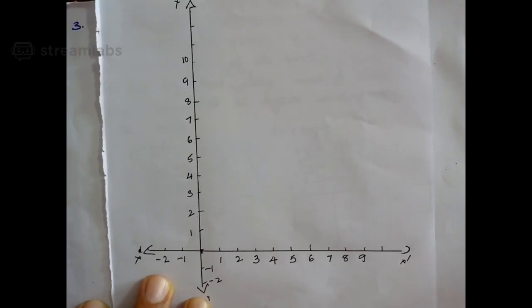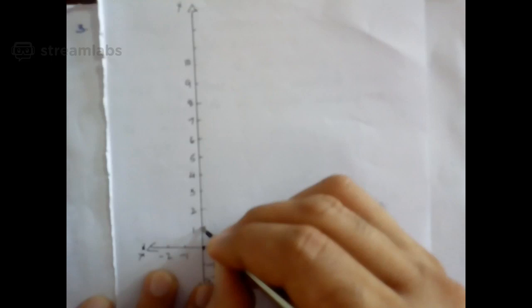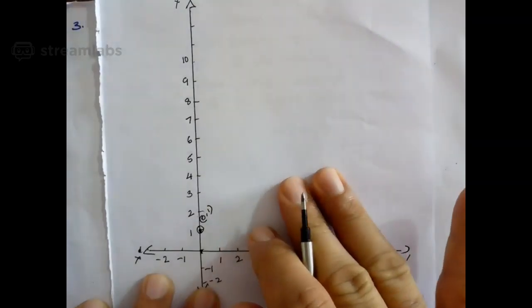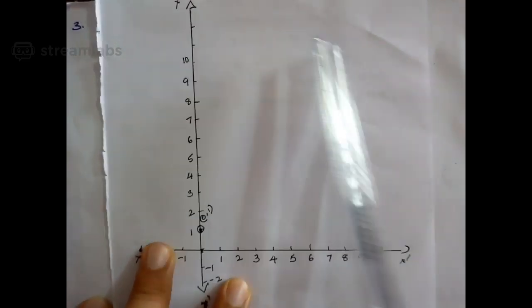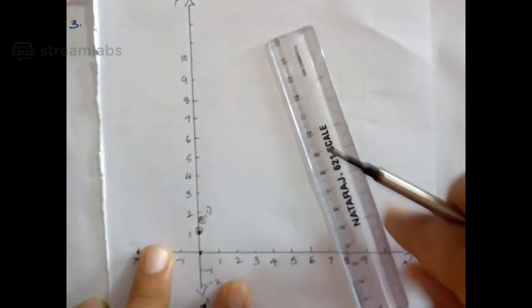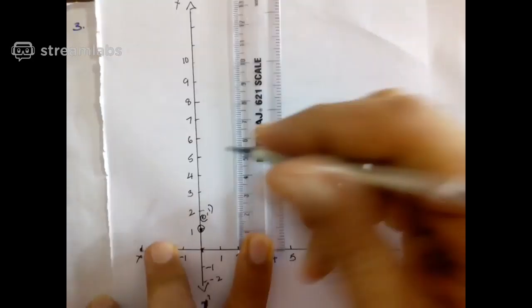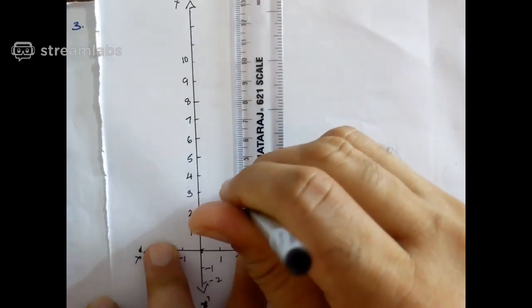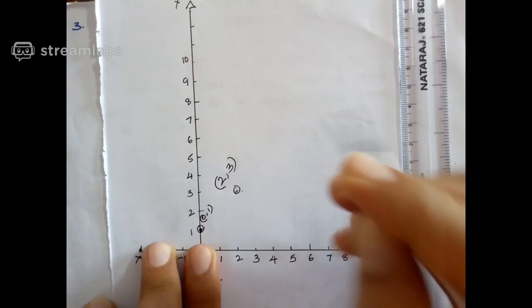Correct? Yes. Now what is the first coordinate? 0, 1. Isn't it? 0, 1 is where it is on the y-axis. Then you have to mark 2, comma 3. Here it is. Right?